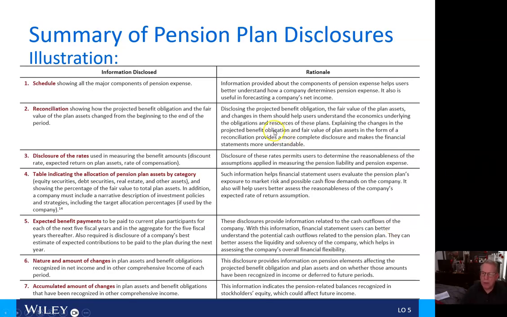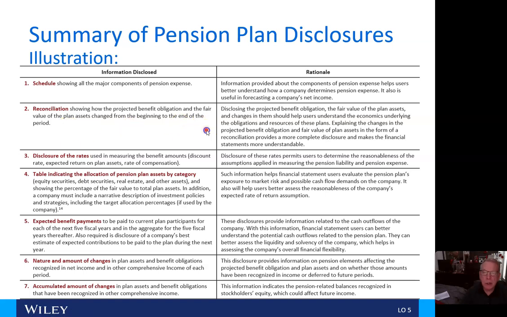So, a summary of these pension plan disclosures. Here is a schedule that shows all the major components of pension expense. I'll let you read that rationale on your own. And then number 2, reconciliation, showing how the projected benefit obligation and the fair value of the plan assets changed from the beginning to the end of the period.